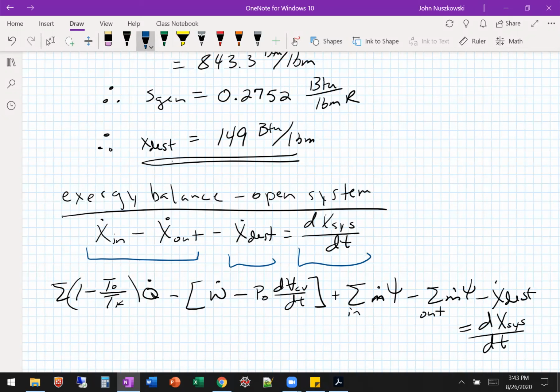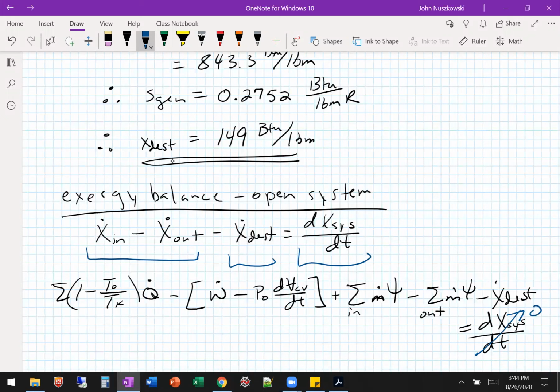Okay, so we got our new equation. What can I cancel for our problem? Steady state.